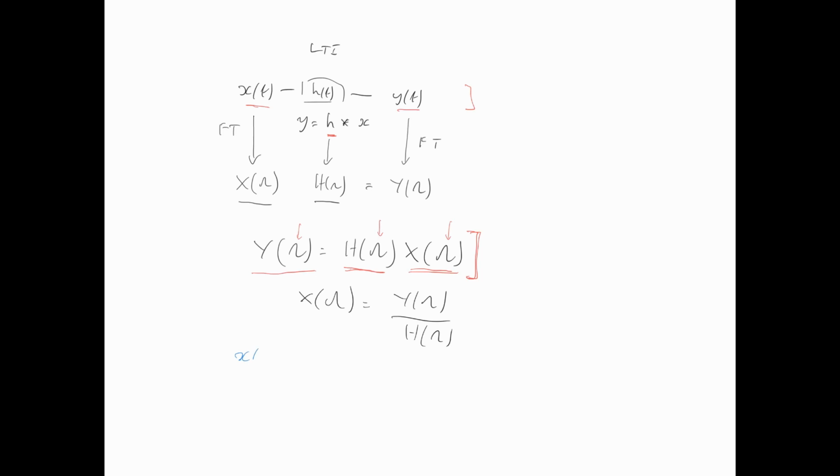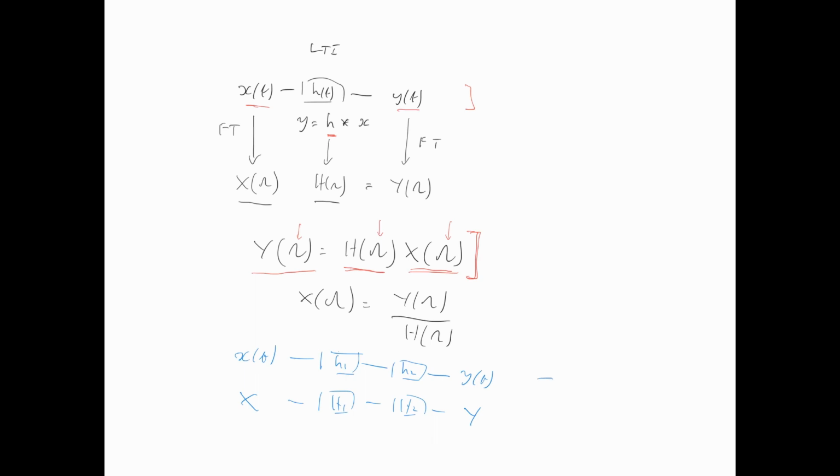Tangentially, note that if I have an input that goes through two systems, h of 1 and h of 2, to get y of t, in the frequency domain, I can then write capital X goes through capital H1, goes through capital H2 to y. People understand what this means.